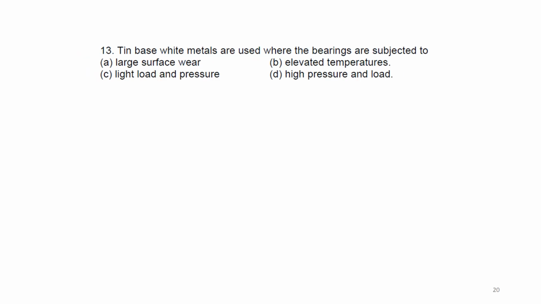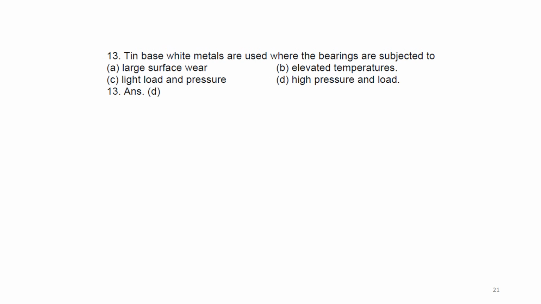Next question, tin base white metals are used where the bearings are subjected to large surface wear, elevated temperature, light load and pressure, or high pressure and load. So this is actually D, high pressure and load.